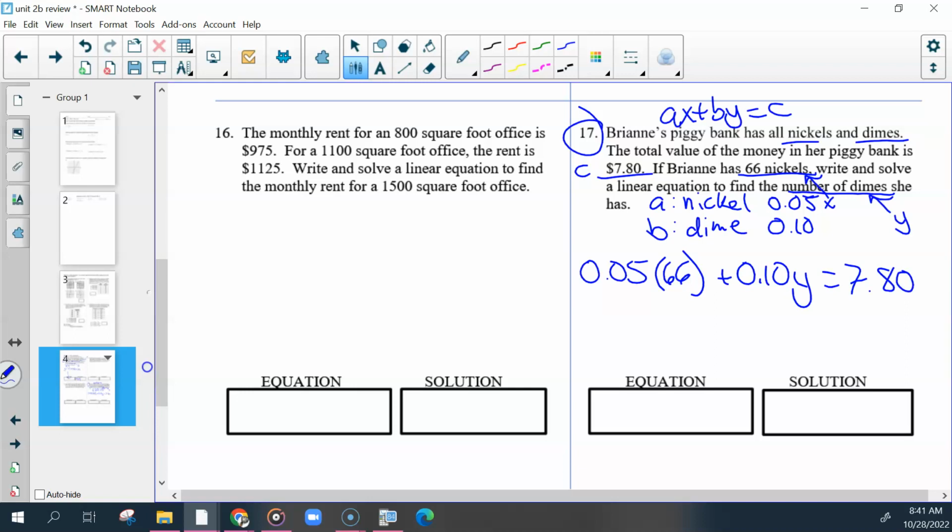The order in which you put that doesn't really matter. If you put X before Y, AX before BY, that doesn't matter because you're adding. It also doesn't matter if you put the total at the end or at the beginning. But that would be the equation that goes in that box. And then you would solve.